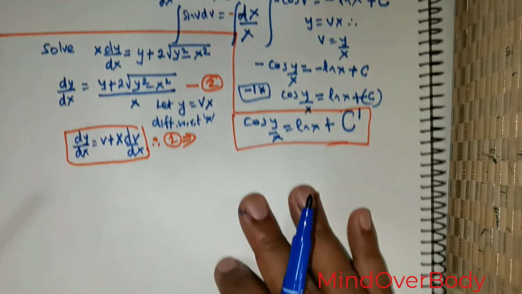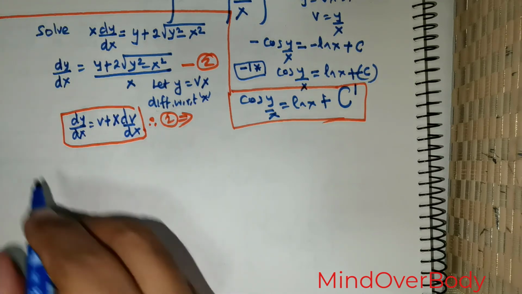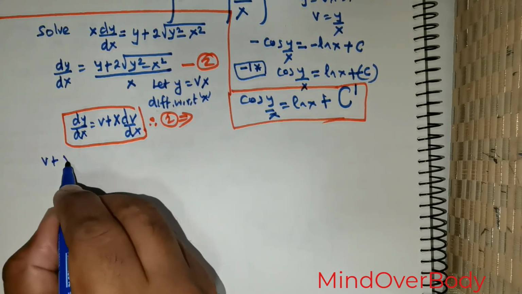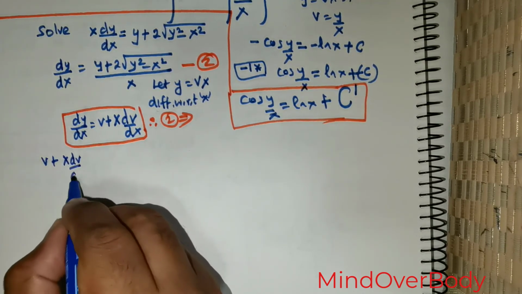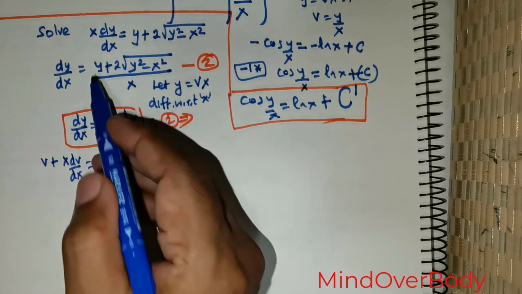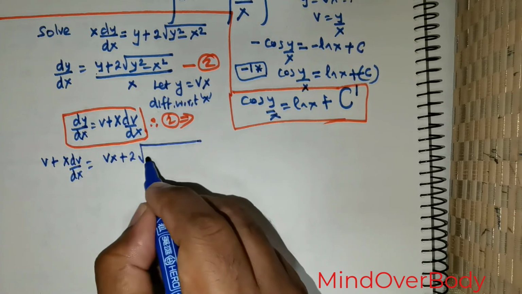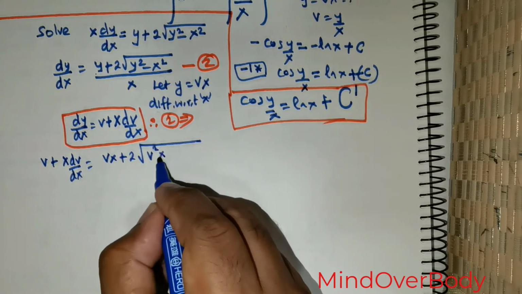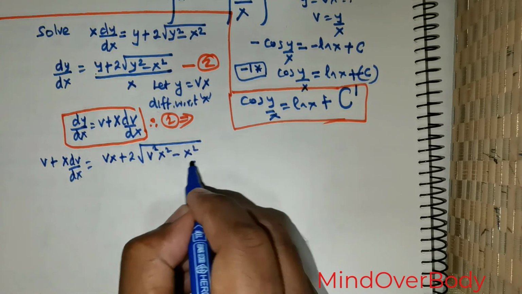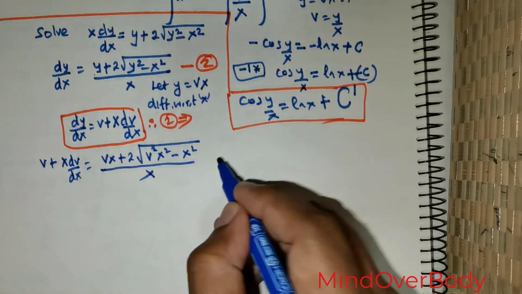So this in turn was going to give me v positive x times dv over dx is equal to, in place of y, I'm going to substitute vx followed by v squared x squared negative x squared divided by x.